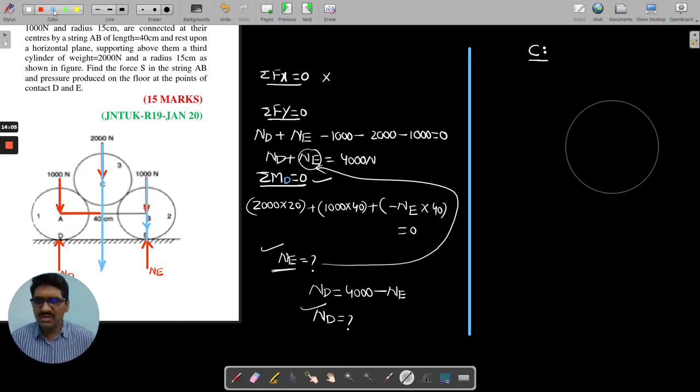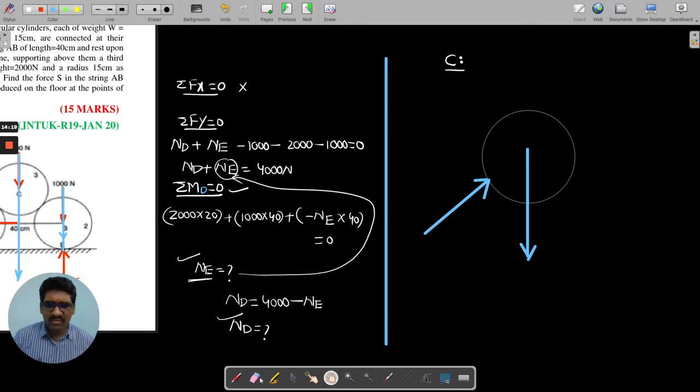So the first thing is what? I am providing its weight downward, 2000. And here we have a contact, so you will be getting some reaction force. Next, here also we have a contact, and here also you will be getting some reaction force. That is the case.